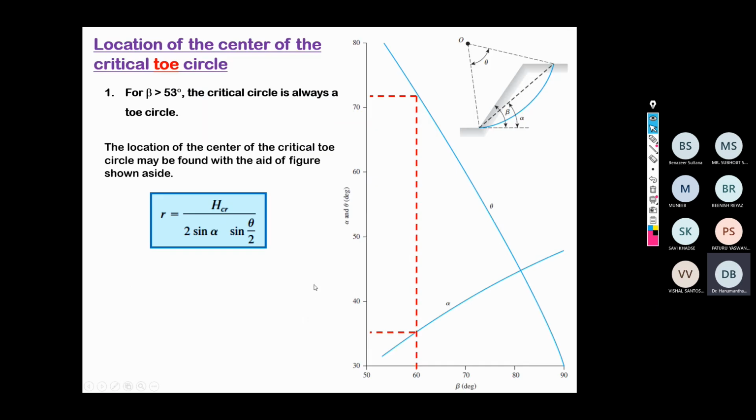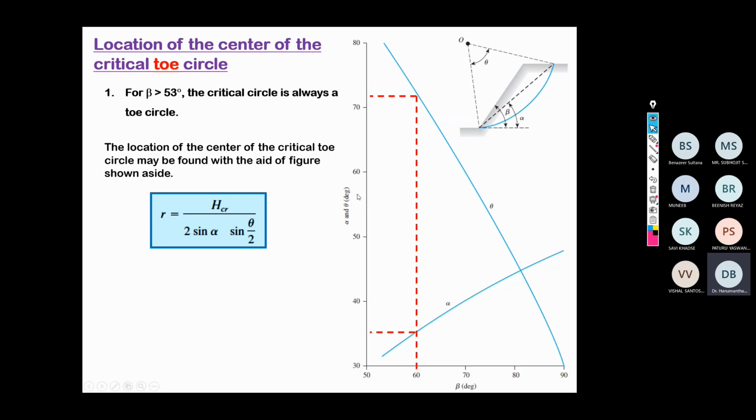Another important thing: suppose you are using the same Taylor's analysis for determining the factor of safety, how do we identify the center of the toe circle? As we can see in the topmost picture on the right side, O is the center of the circle and theta is the angle between the two edges, the exit and end points of the toe circle. Alpha is the chord angle and beta is the slope angle.